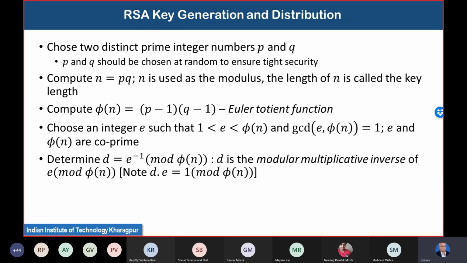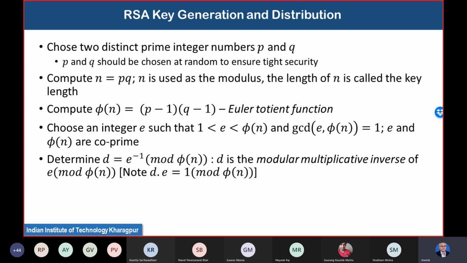There could be multiple such integers that satisfy it. Once we have chosen e, we determine d as e inverse mod phi n. That is how d is chosen. This d is congruent to e inverse modulo phi n, so d is the modular multiplicative inverse of e mod phi n.